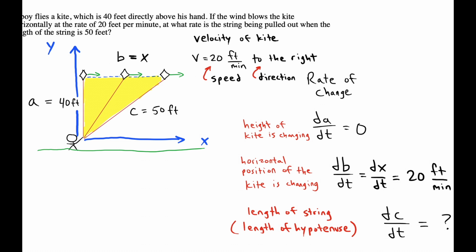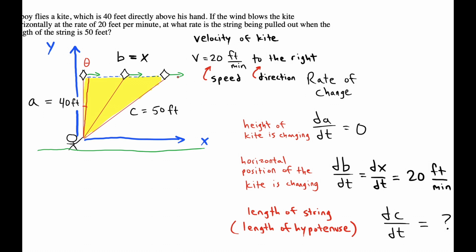At first, the difference between a string being vertical and a string being slightly slanted to the right here, the difference between those lengths is negligible as the angle theta between them goes toward 0.